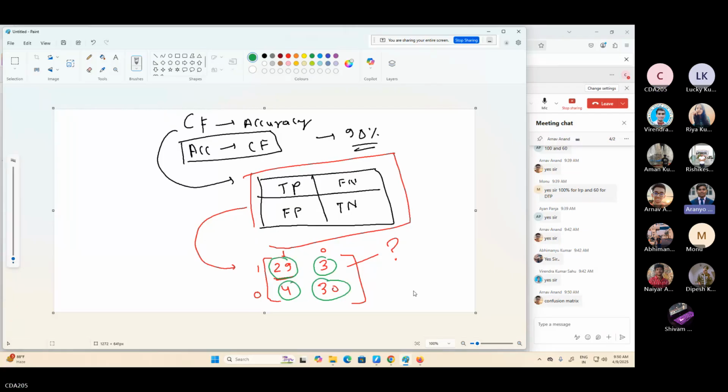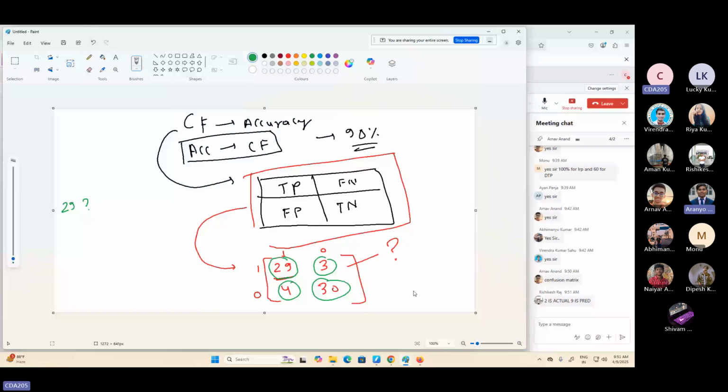So 29 is the cases which are true, which are accurately diagnosed. Then what is 30? 30 is the ones which are false, which are accurately predicted as false. Then what is 3?